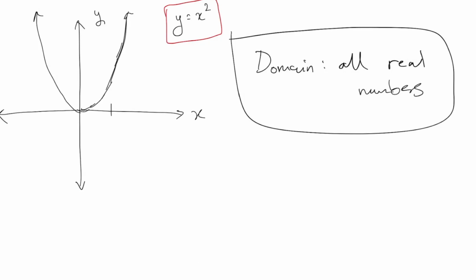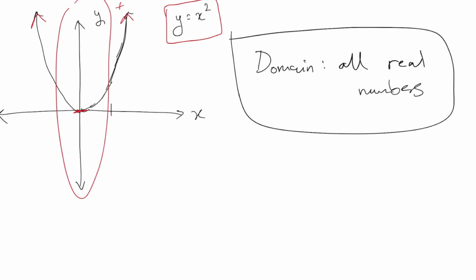Now, how about the range? Well, for that, let's look at this y-axis over here. Where is the function in terms of the outputs? Well, we notice, as indicated by these arrows, the function is going towards infinity here, going up and up and up. Then if we look down here, it's not going down. See, it stops here.